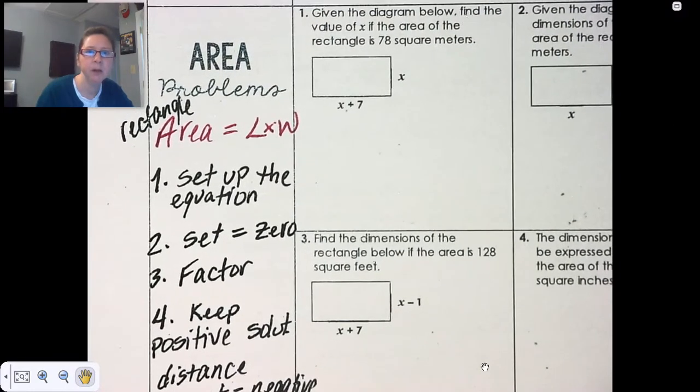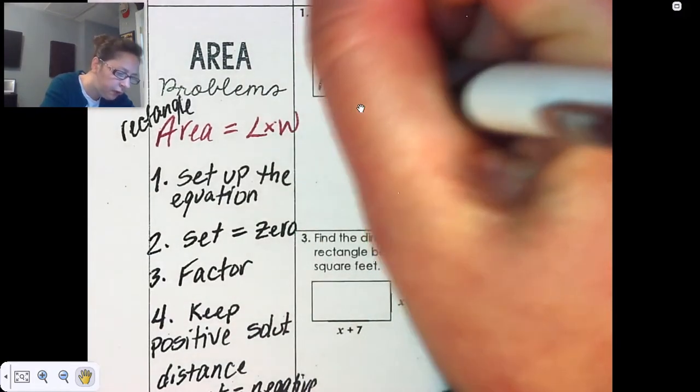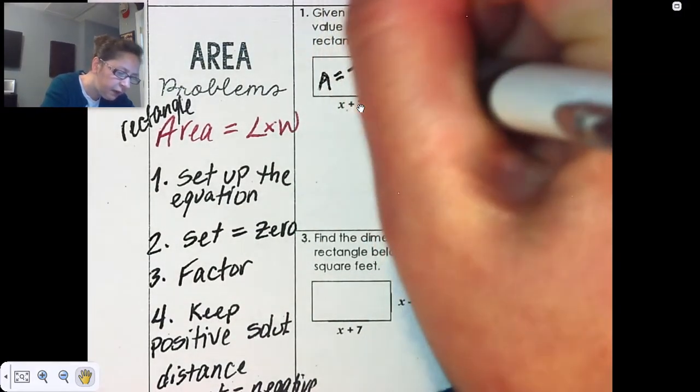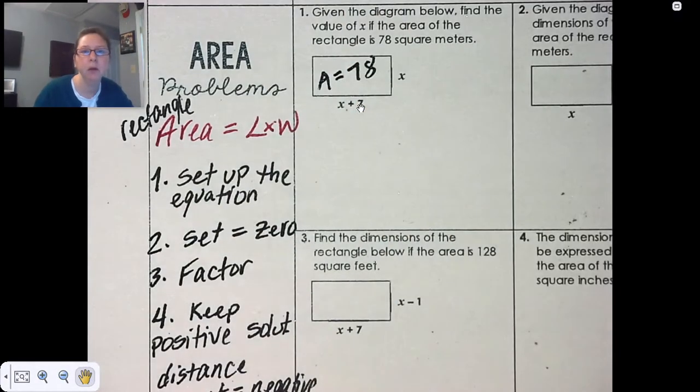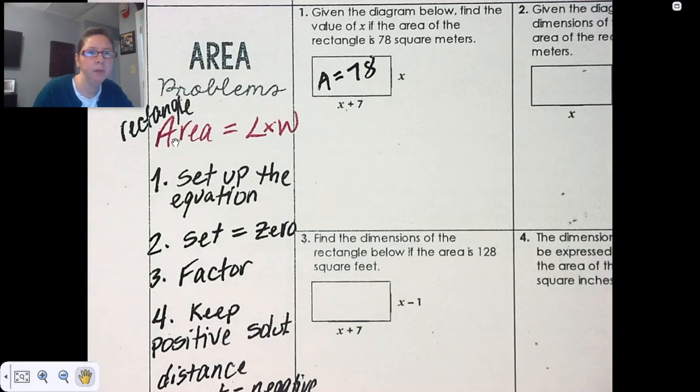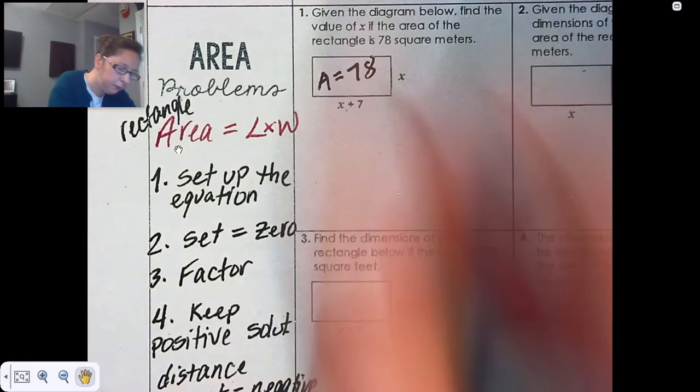Okay. Given this diagram below, find the value of x if the area of the rectangle is 78 square meters. So they tell me the area is 78. So what I need to do is set up the area. So the area here is 78.